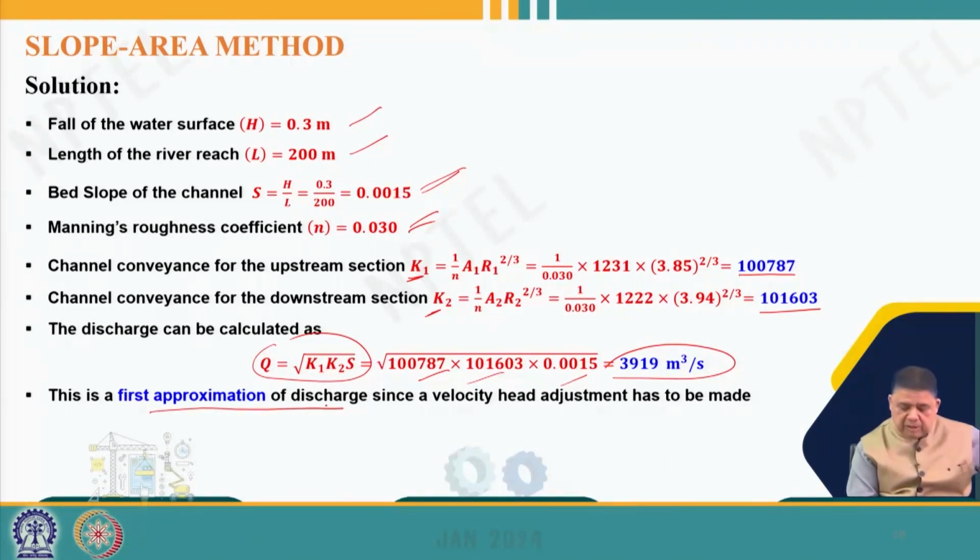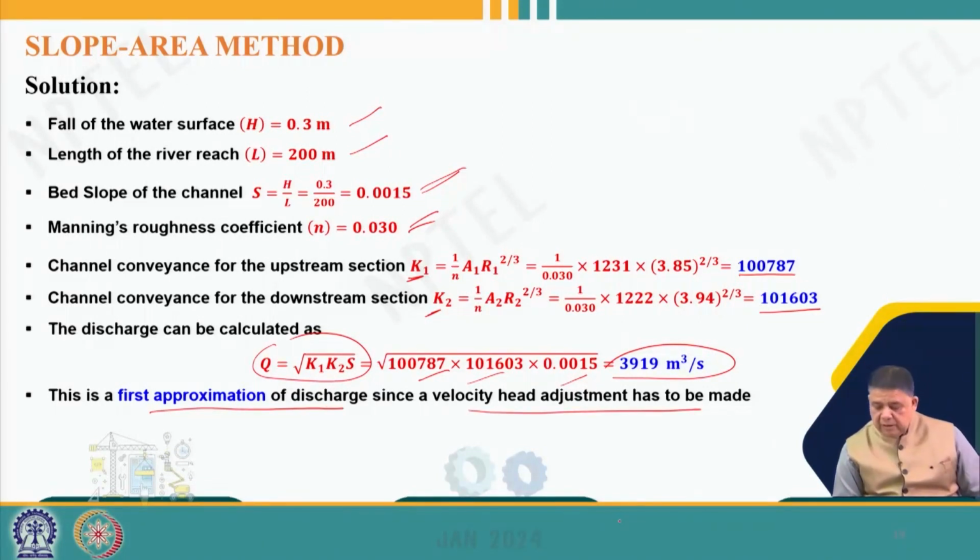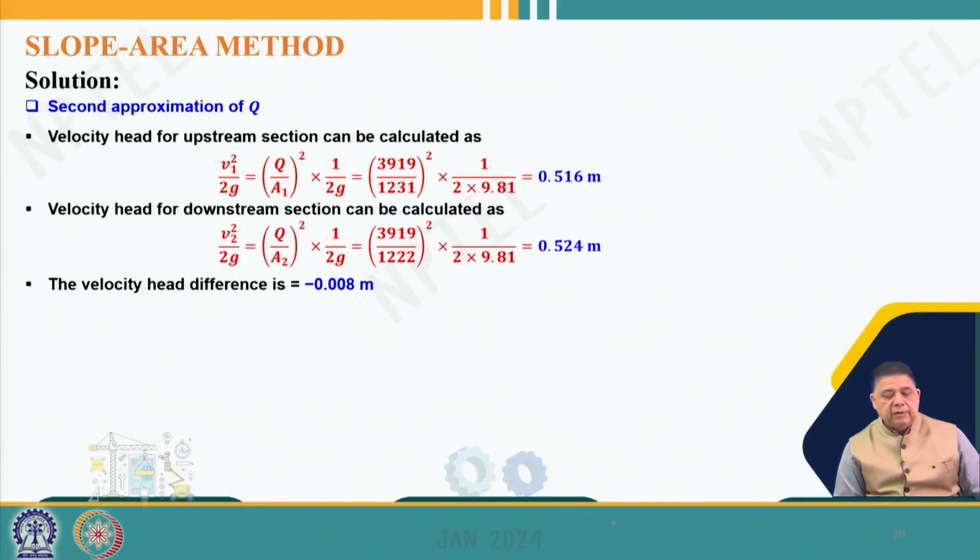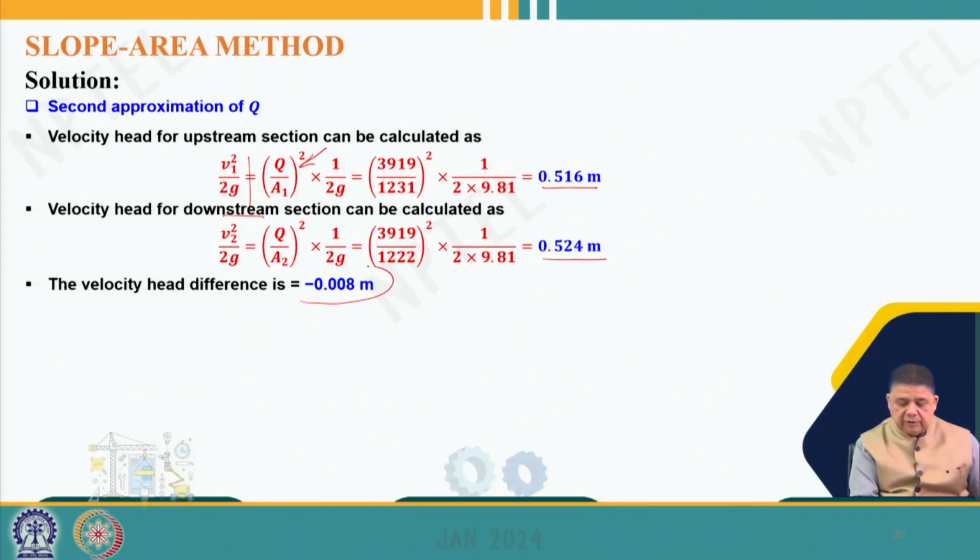But this is the first approximation of discharge, and we have to make the velocity adjustment. So, we go to a second approximation. We calculate the velocity head using the discharge we just calculated. The velocity head at the upstream section comes out to be 0.516, and at the downstream section 0.524, and the difference in the velocity head is 0.008 meters.